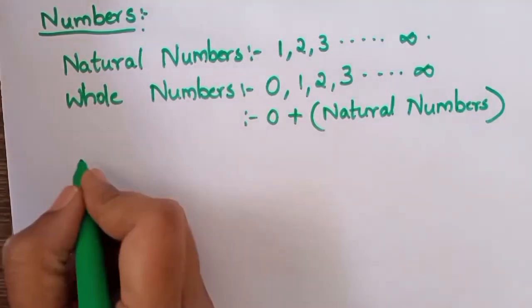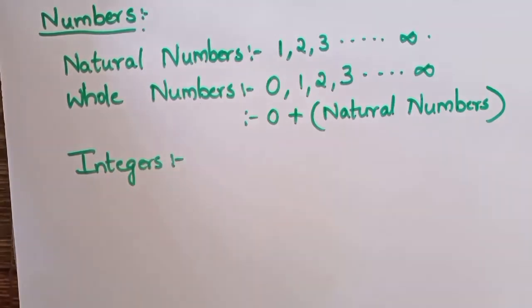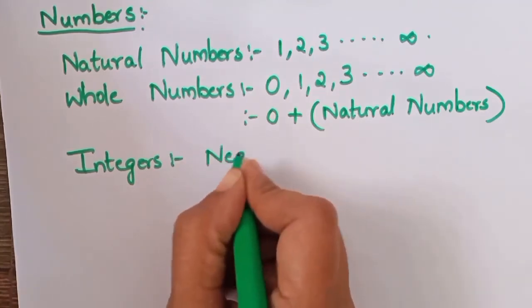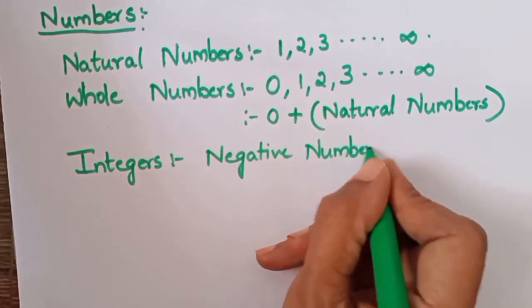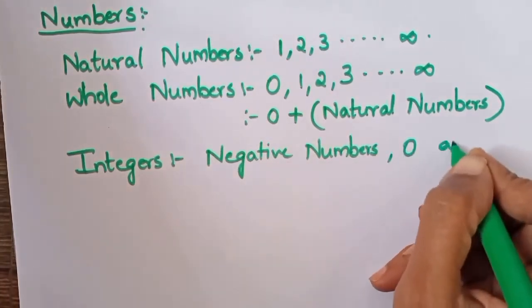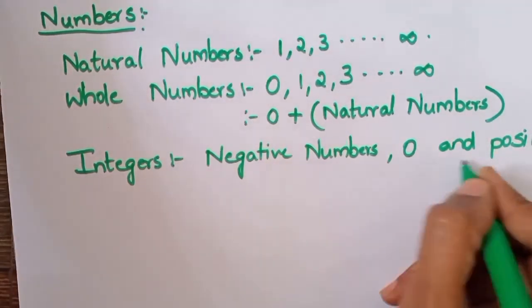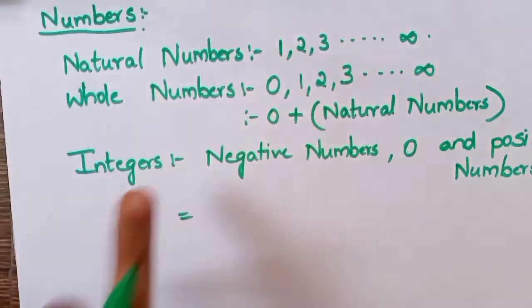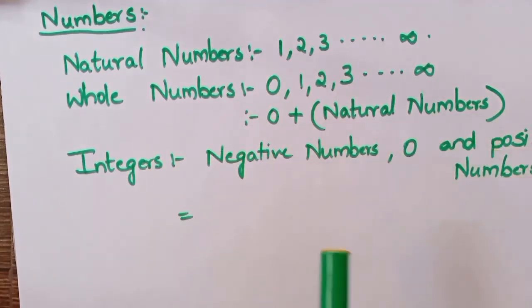Next to whole numbers we have learned integers. What are these integers? Integers are the set of numbers which contain negative numbers, zero, and all the positive numbers.